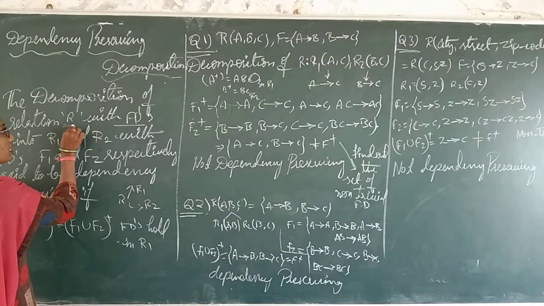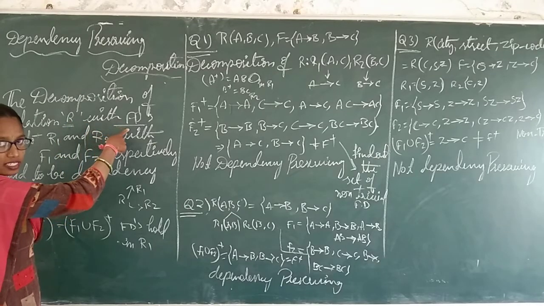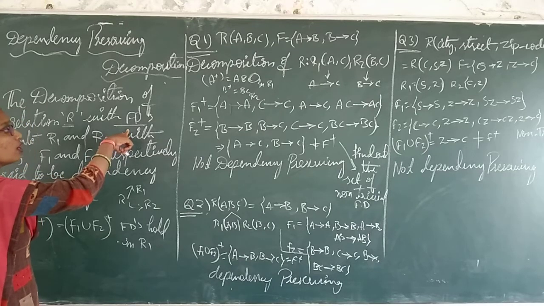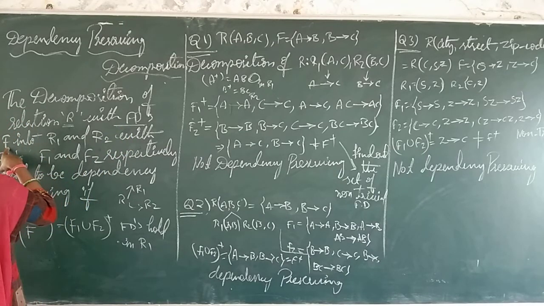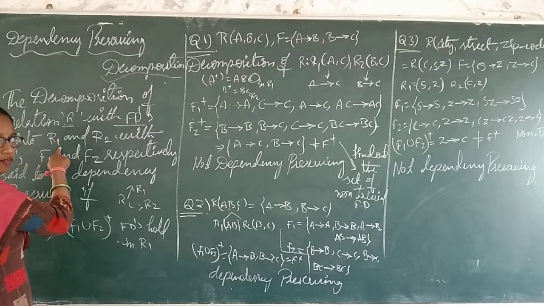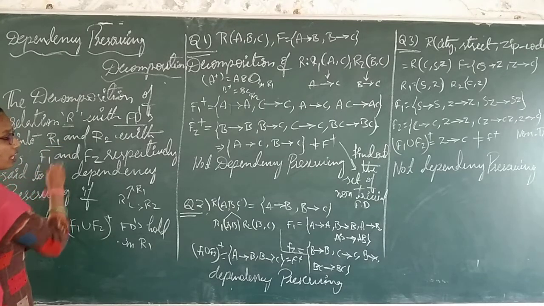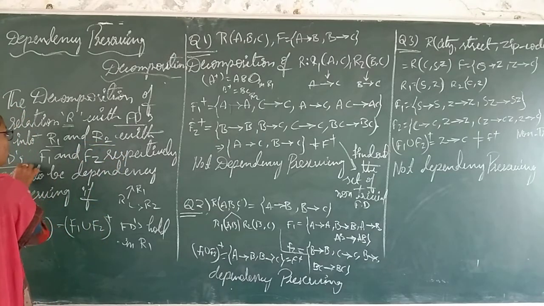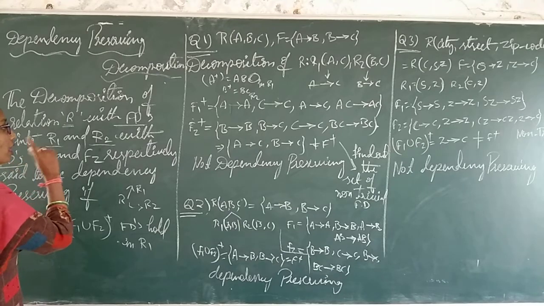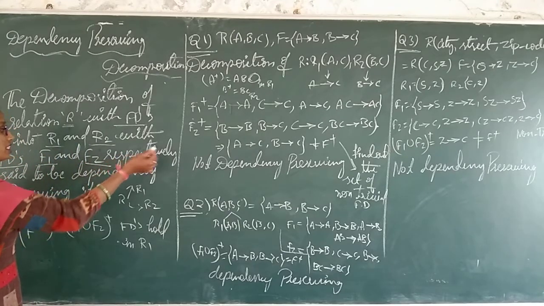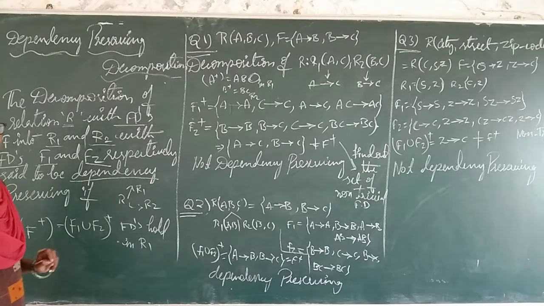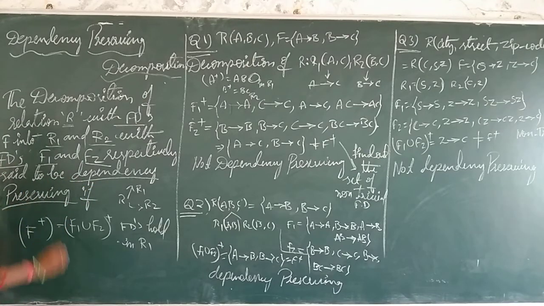Here R is a relation with a set of functional dependencies F. The decomposition into relation R1 and relation R2 with functional dependencies F1 and F2 respectively is said to be dependency preserving.